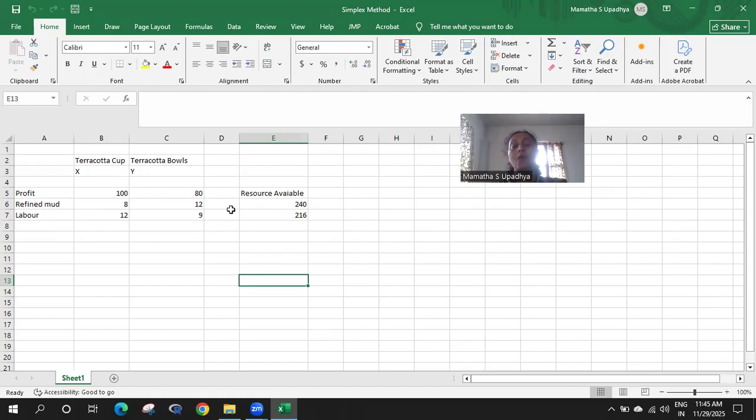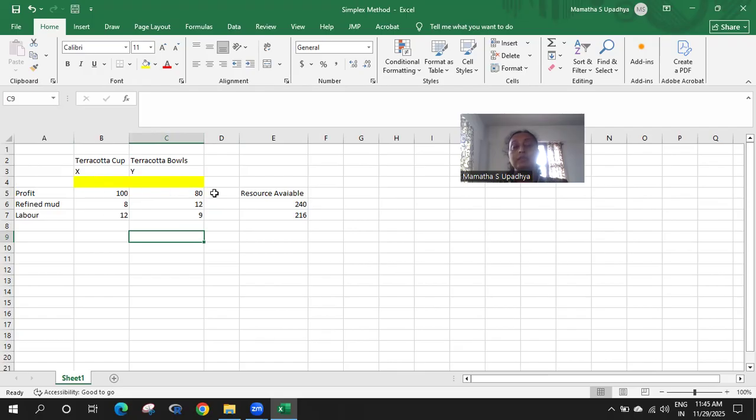Let us leave one cell space and list the resources available. After entering the data, let me take the cell below X and Y and color it yellow, because I want the solver to provide my answer here. That is why I'm shading this with the yellow color.